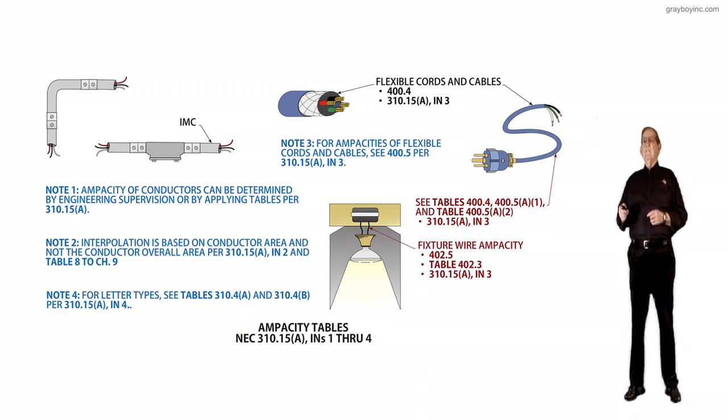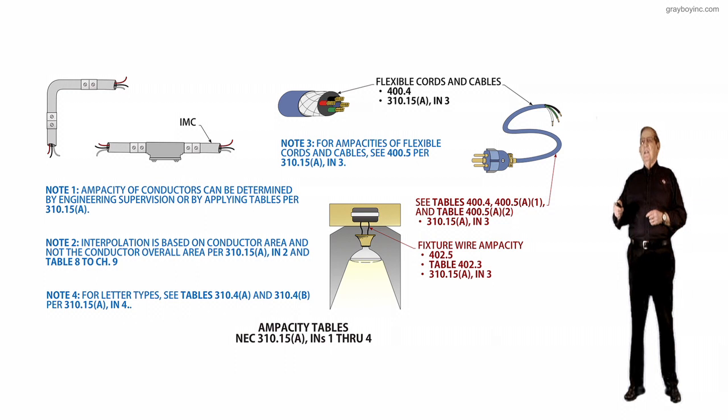Now let's take a look at the cord and plug connected type equipment that's to the right here. You see you have flexible cord and cables listed here. First you have the cable, then you have the cord, and 400.4, first bullet there. And 310.15(A), informational note 3, deals with this.